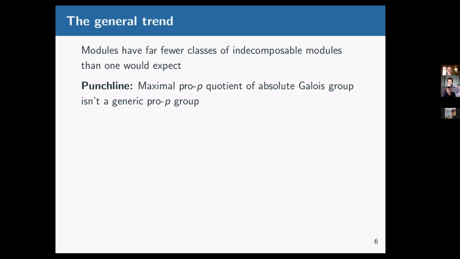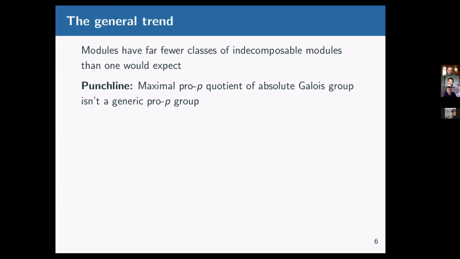And from the Galois theoretic point of view, what that means is the modules are somehow simpler than you would expect, and that is forcing us to have an interpretation that the corresponding absolute Galois groups are somehow more interesting than a random pro-p group would be. So the idea here is that we can take these ideas and parlay them into the language of absolute Galois groups, and that tells us that these maximal pro-p Galois groups basically are not random pro-p groups.